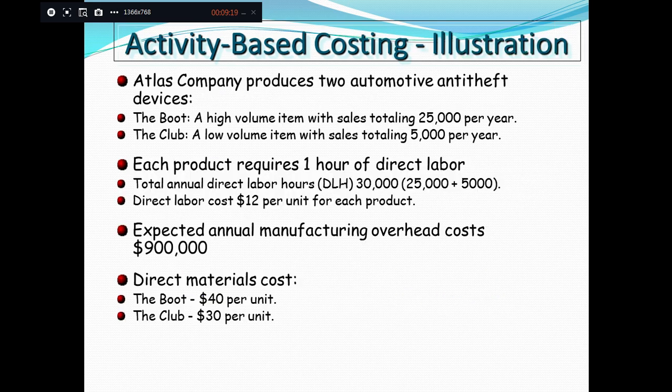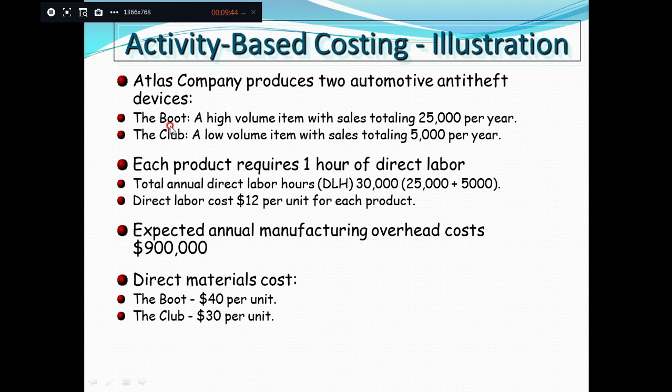So let us see an example with the ABC costing method, which is the new costing approach in cost accounting. Let us see an example in which Atlas company produces two automotive anti-theft devices, which we assume protect cars from theft.